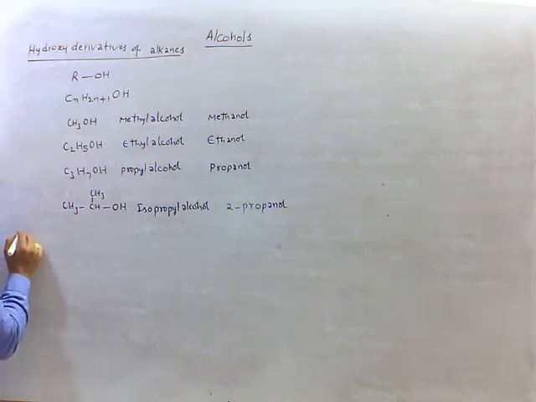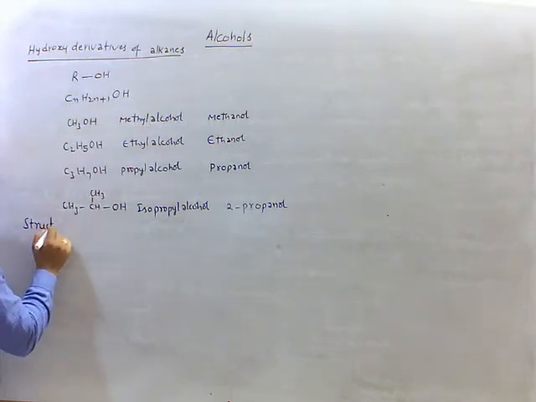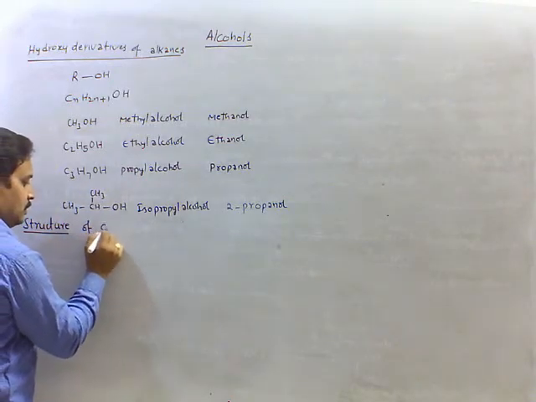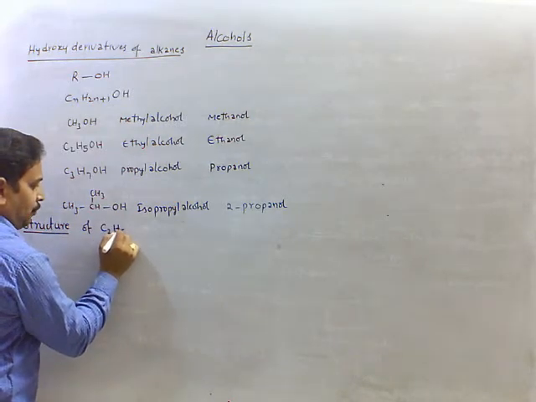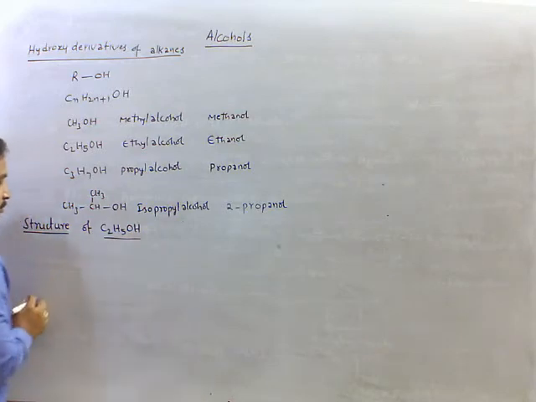Next, the structural formula for ethyl alcohol. Structure of C2H5OH. This we call ethanol.